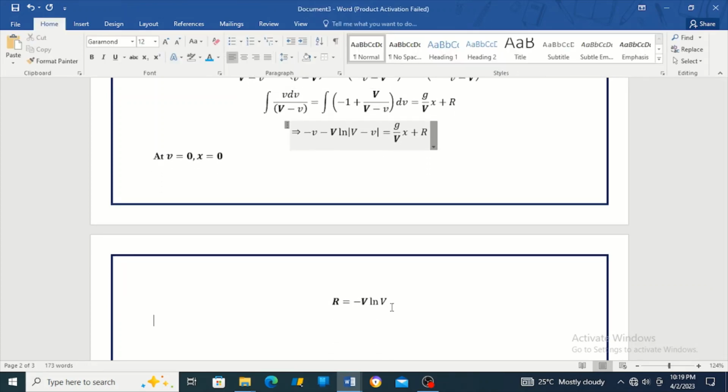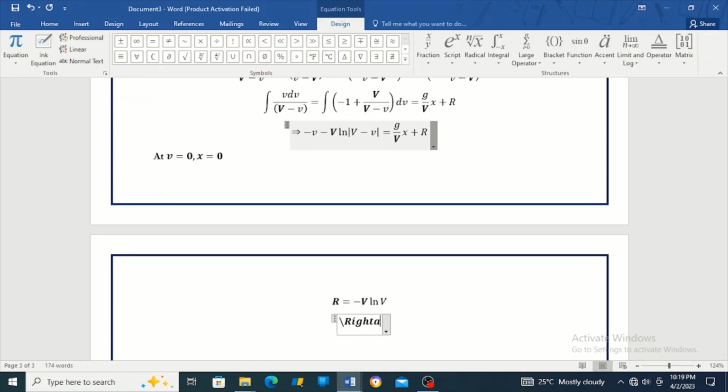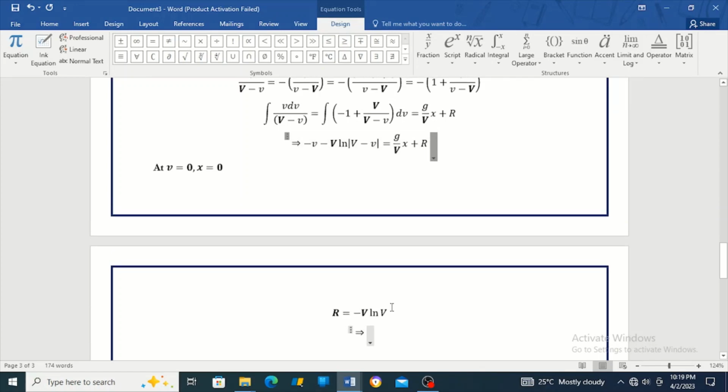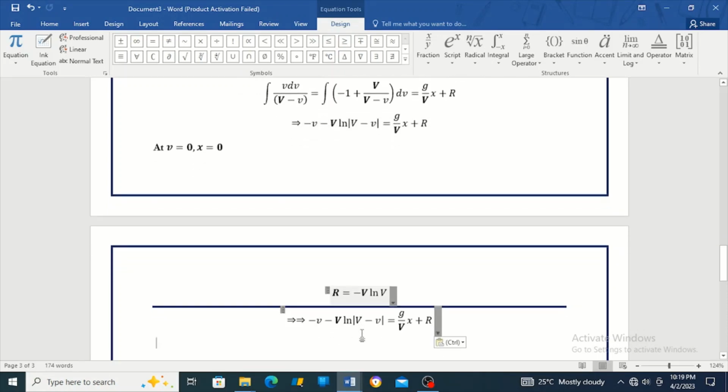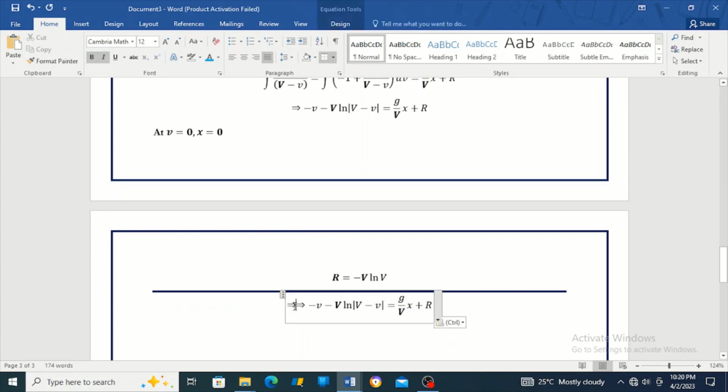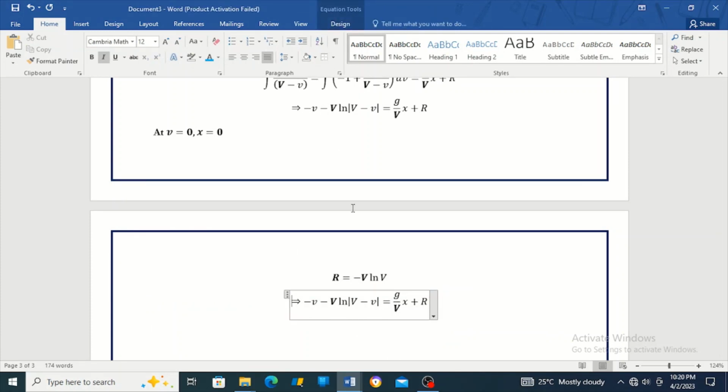So it means that we just copy this and replace the value of r with its identity, and then we see what we get. So it means that our r is negative v ln V. That's it.